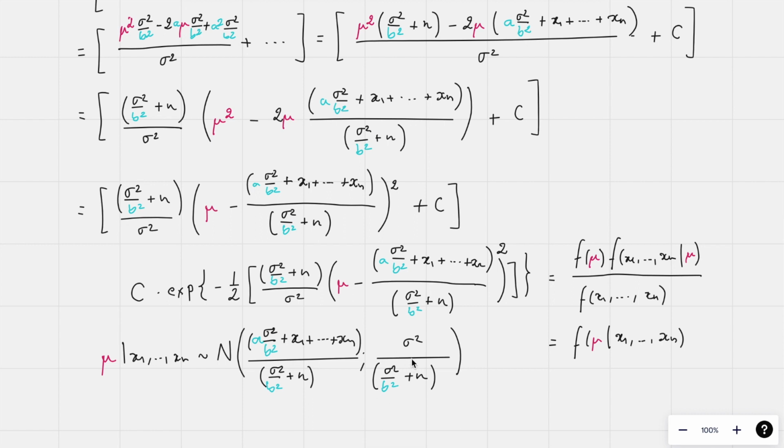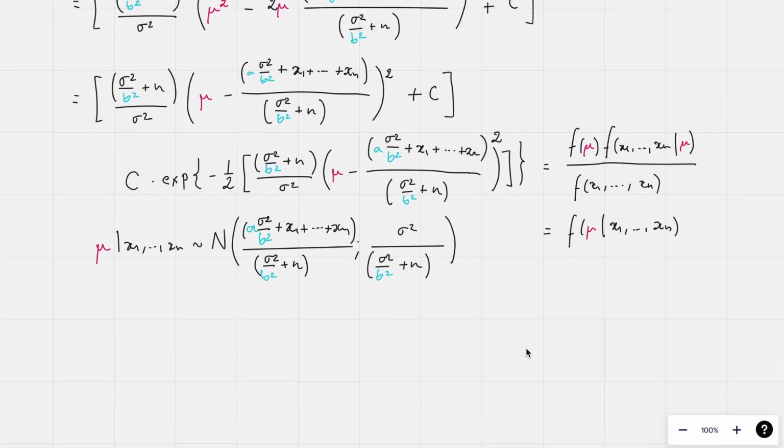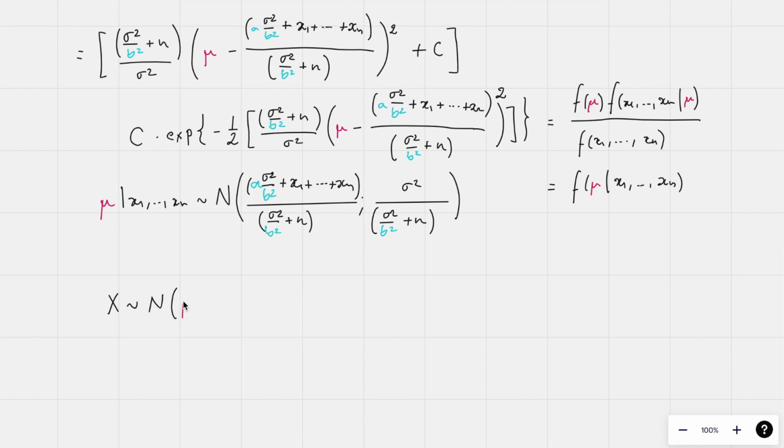What's interesting as well is that we can now look at what happens in particular examples. Going back to the idea that x is distributed like a Gaussian with parameter mu, which is unknown, and parameter sigma, which is known.